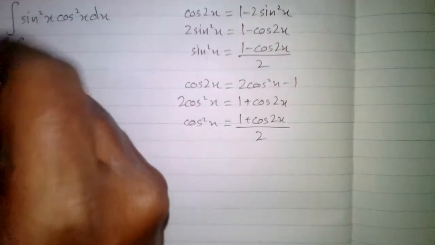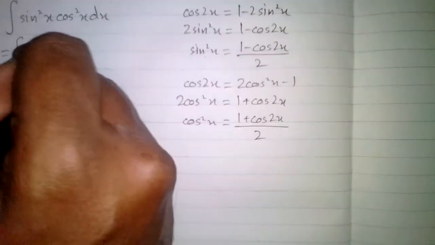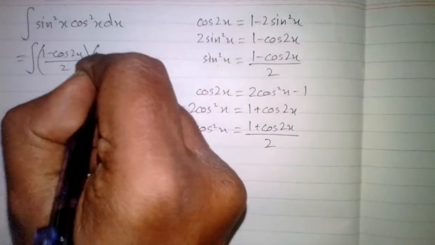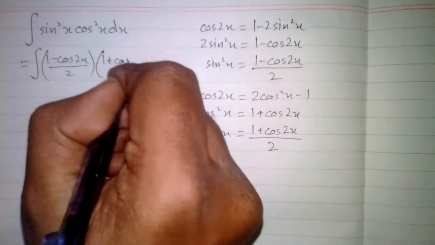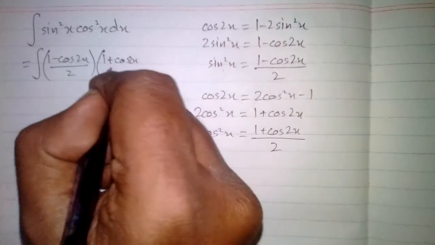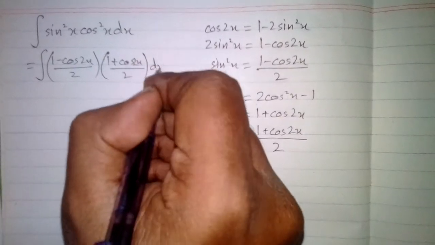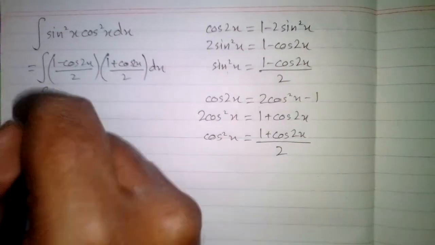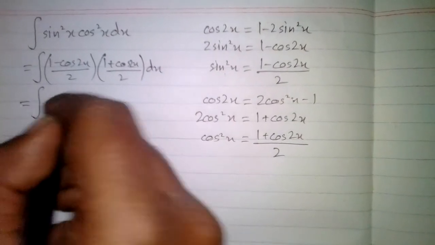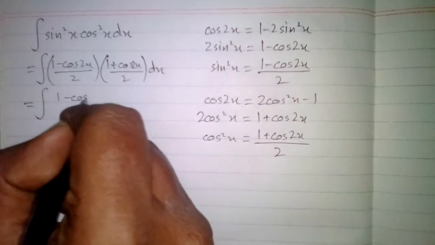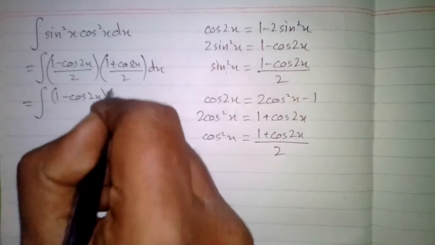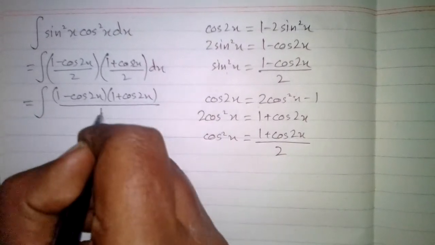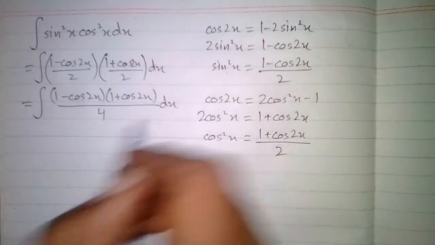So we have the integral of (1 minus cos 2x) upon 2 multiplied by (1 plus cos 2x) upon 2 dx. Then the integral of (1 minus cos 2x) multiplied by (1 plus cos 2x) upon 4 dx.